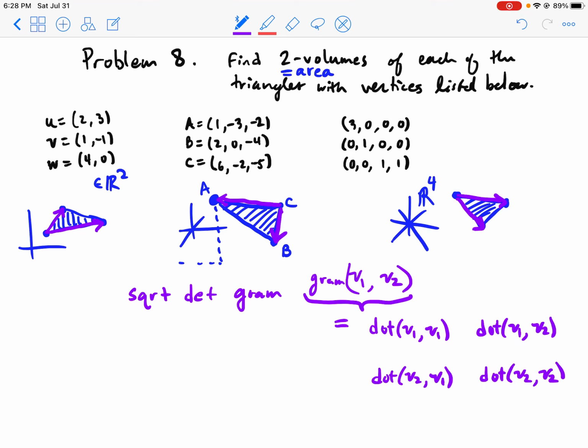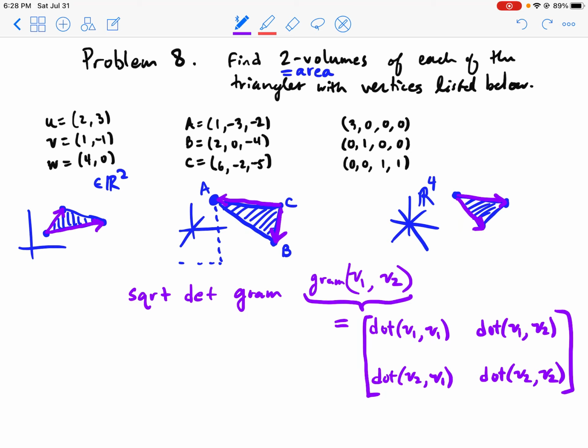V2 with V2 is the last one. And actually, these two are the same, and we put them into a matrix. It'll be an array of these 4 numbers. And it'll be a symmetric matrix, which just means that these two are going to be the same number. Okay? And so let's just compute this.